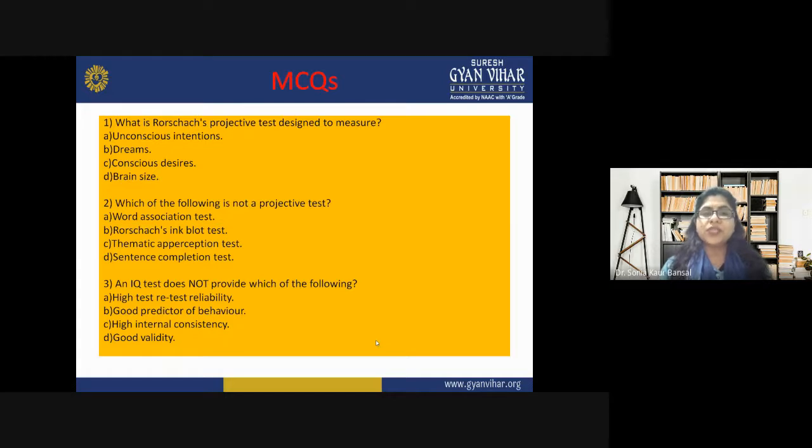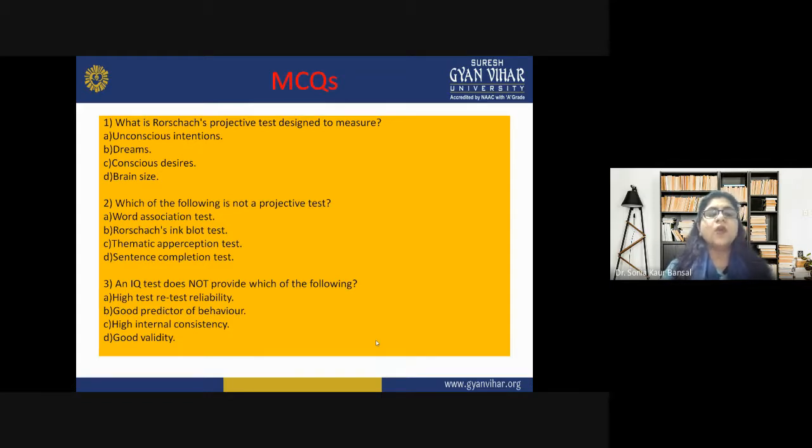Now, what is Rorschach's projective test designed to measure? A, unconscious intentions, B, dreams, C, conscious desires, D, brain size. So what does it measure? It is actually designed to measure conscious desires.